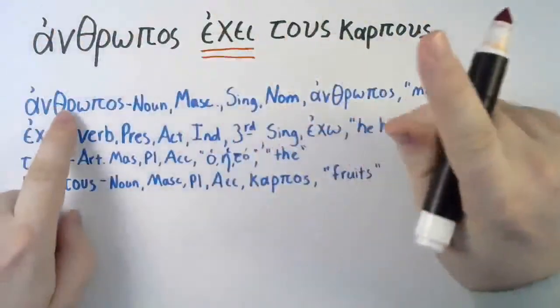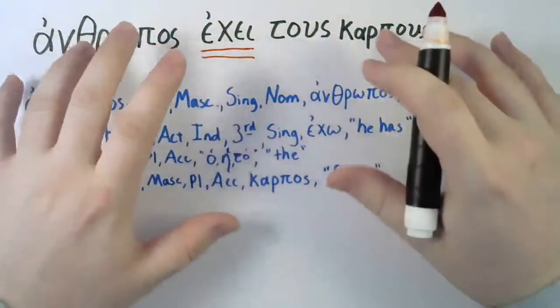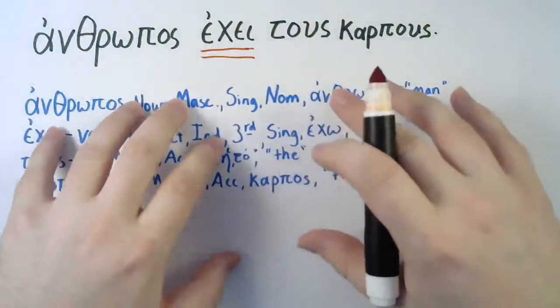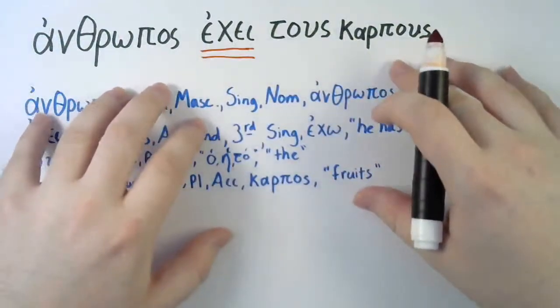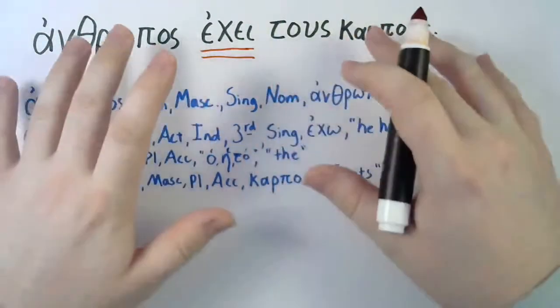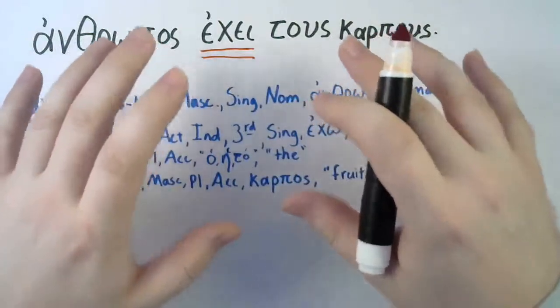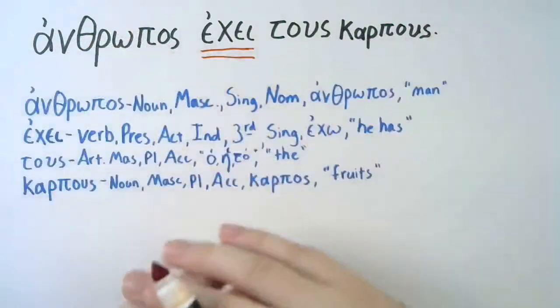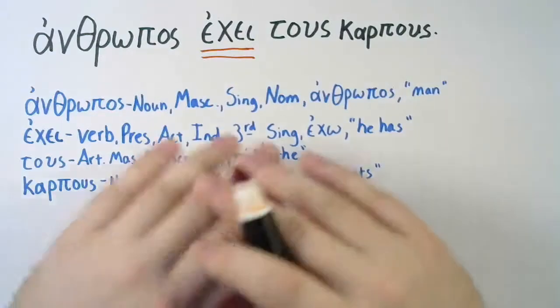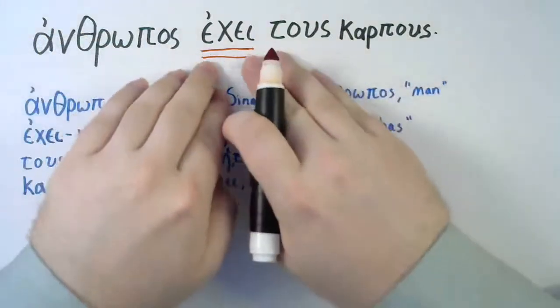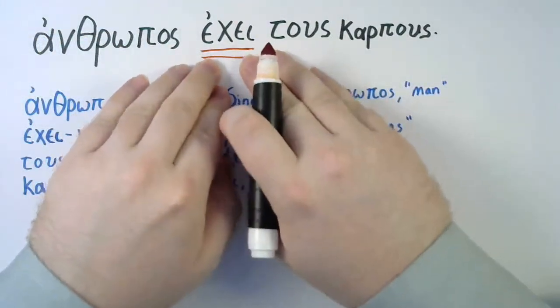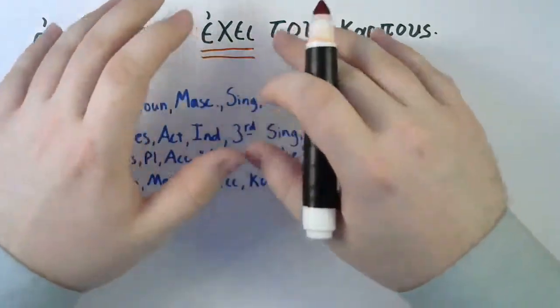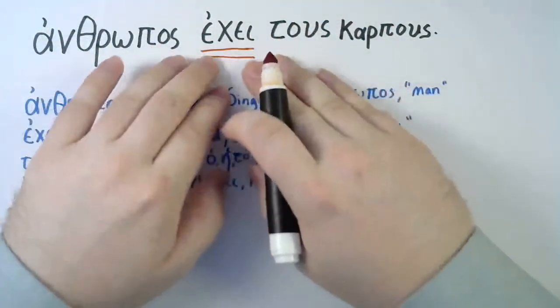But there's a way to test. Because, recall, the verb has to agree with its subject in gender. Well, it can't agree in gender. It has to agree in number and person. So if the eke here was an echo, you would be looking for I. If it was a case, you'd be looking for you.